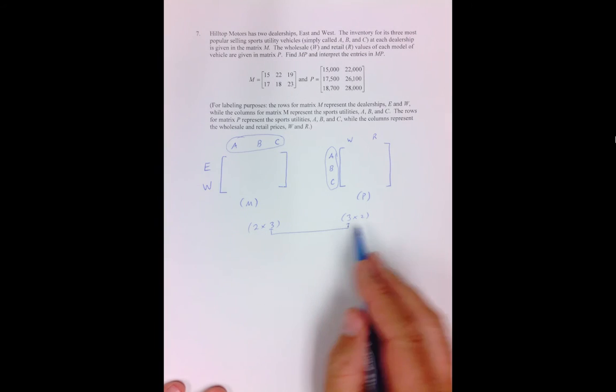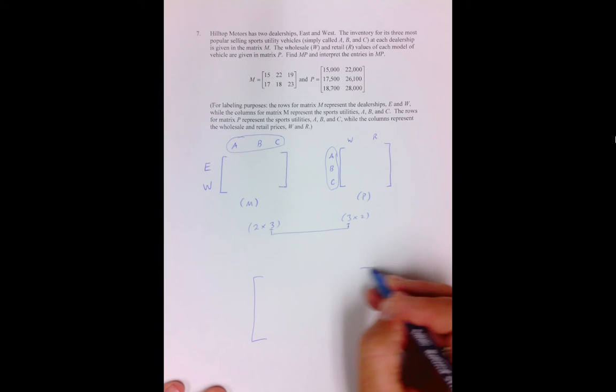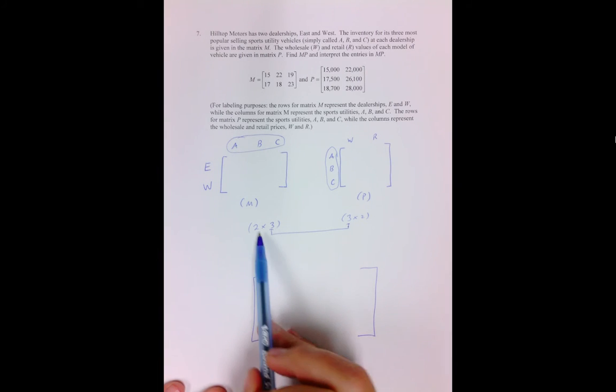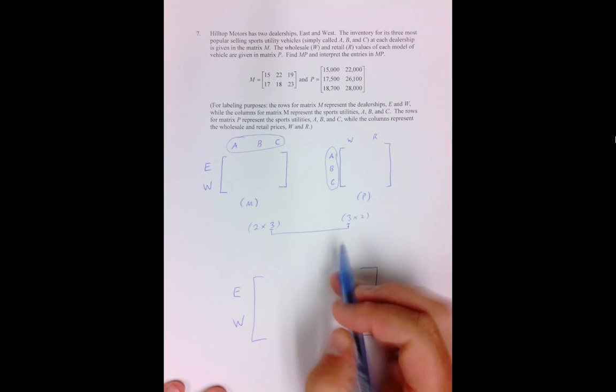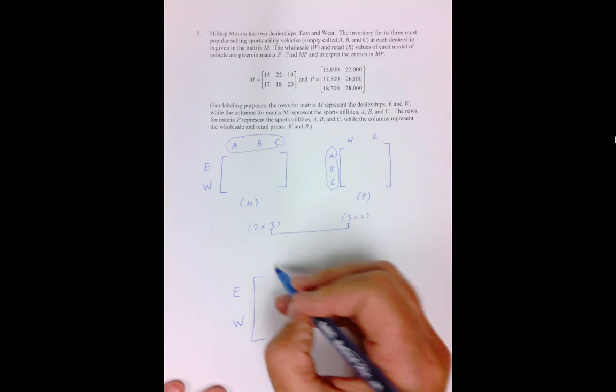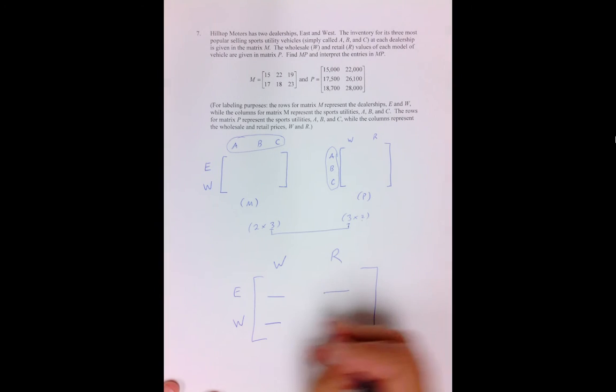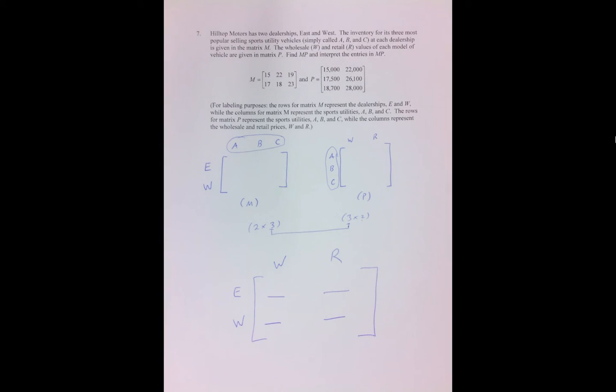So we're going to have a 2 by 2 matrix, and its meaning is going to take the rows from the first matrix, the columns from the second matrix, and create this matrix. So this entry, for example, will be the wholesale price for dealership East, retail price for dealership East, and wholesale and retail for West.